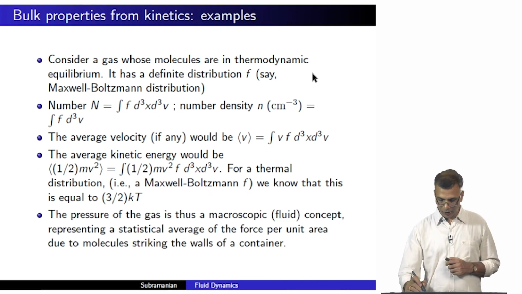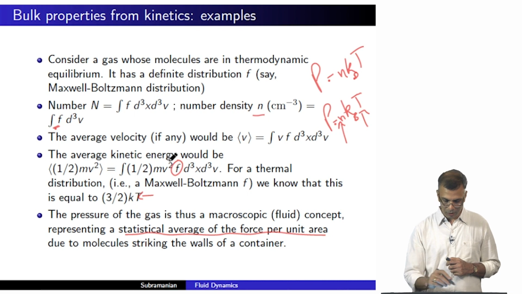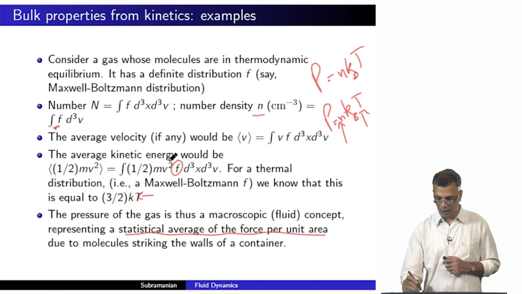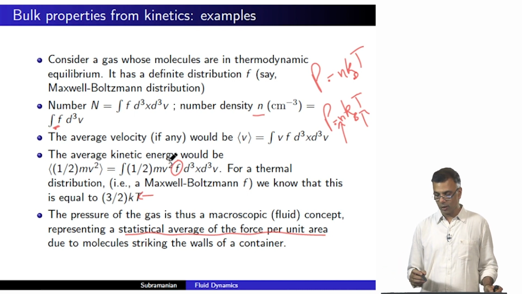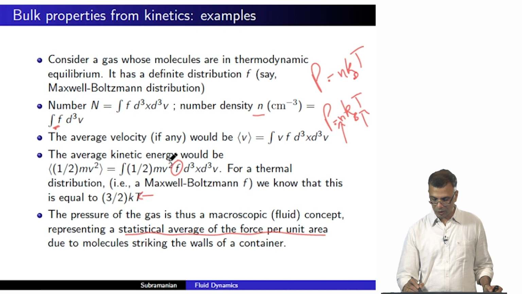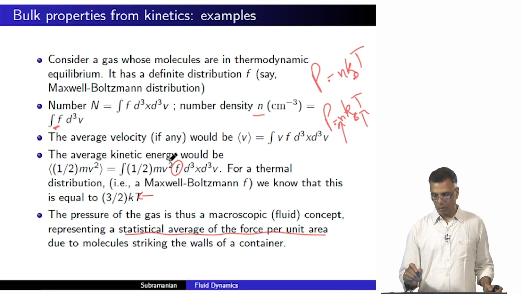And you know the pressure is simply equal to N K T. Many people like to say K_B. Sorry, P equals N K Boltzmann T. So the K_B is simply the Boltzmann constant. So this is a macroscopic quantity and this is a macroscopic quantity, and the product of them with the Boltzmann constant, of course, gives you the pressure.